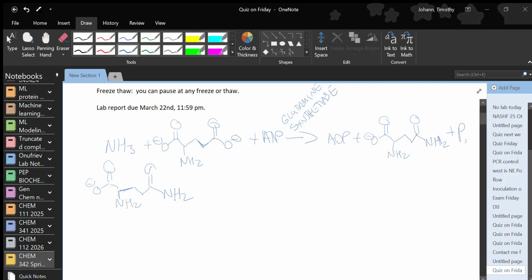Okay, so here's our glutamine. That's going to react with an alpha ketoglutarate. Energy is required, so we're going to do NADPH.